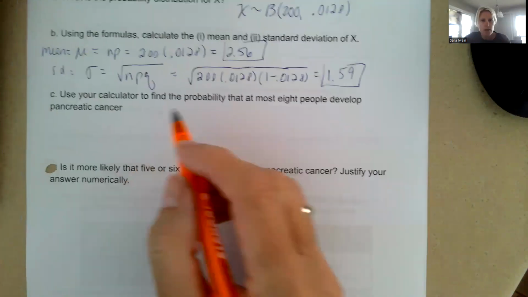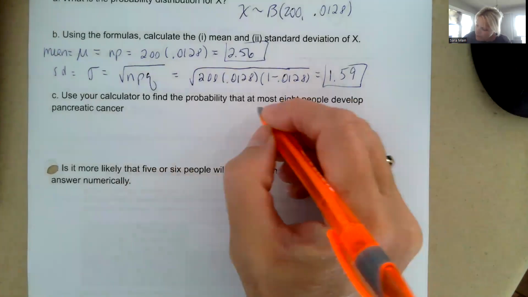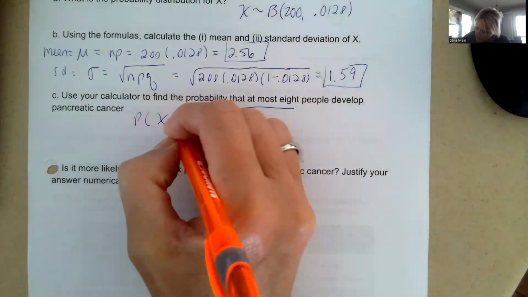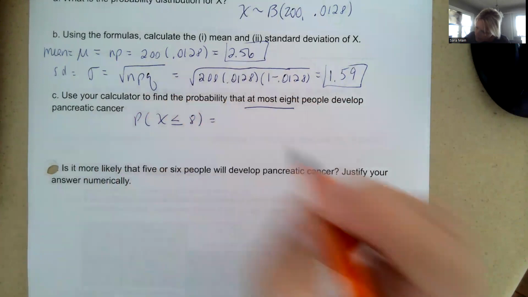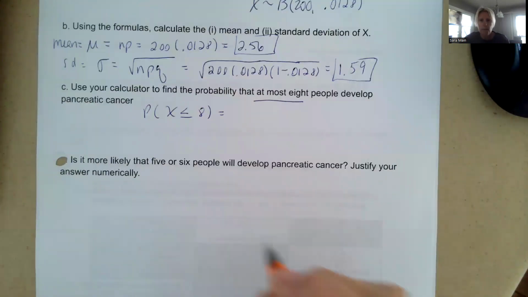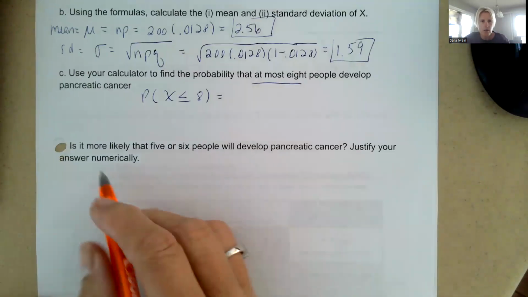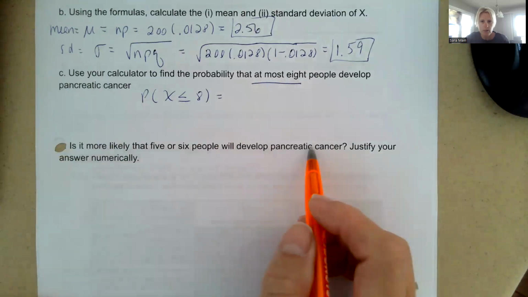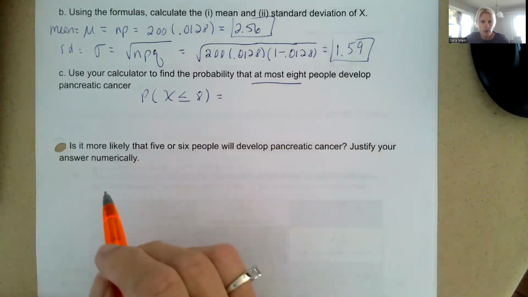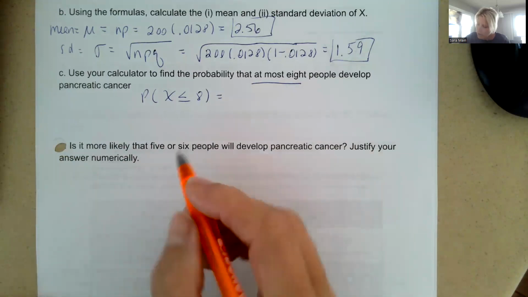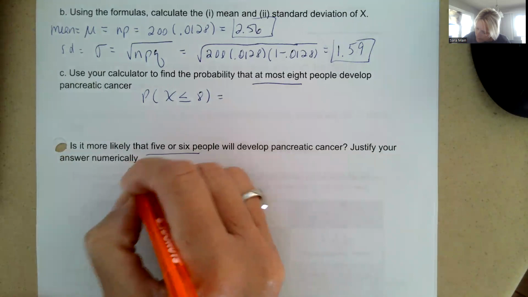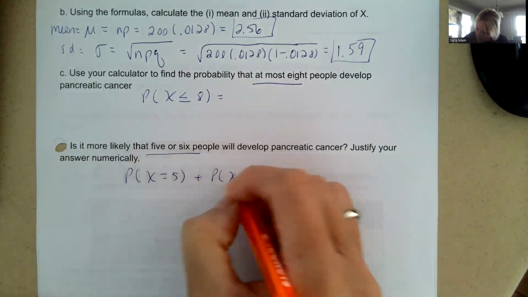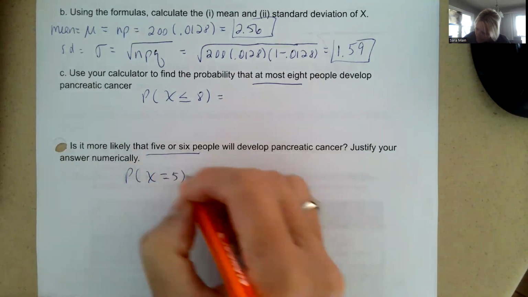Use your calculator to find the probability that at most 8 people develop pancreatic cancer. So the probability of X being less than or equal to 8. And then our other question is, is it more likely that 5 or 6 people will develop pancreatic cancer? Justify your answer numerically. So 5 or 6 means we want the probability of X equal to 5 plus the probability of X equal to 6.